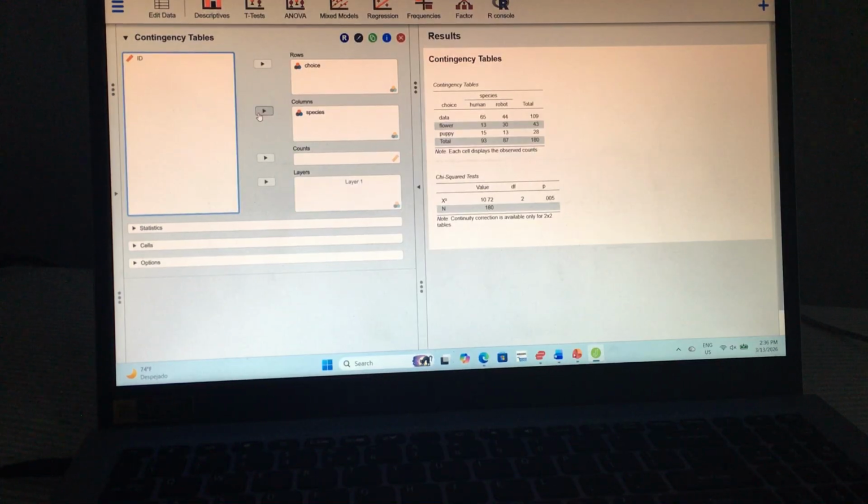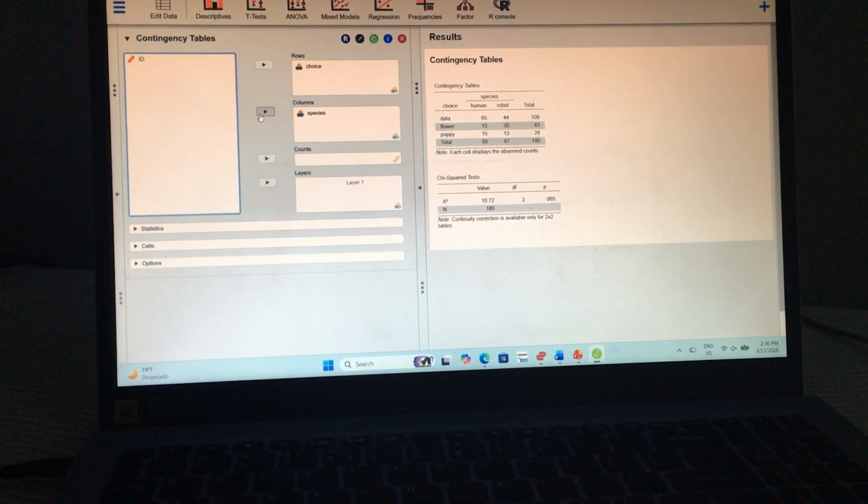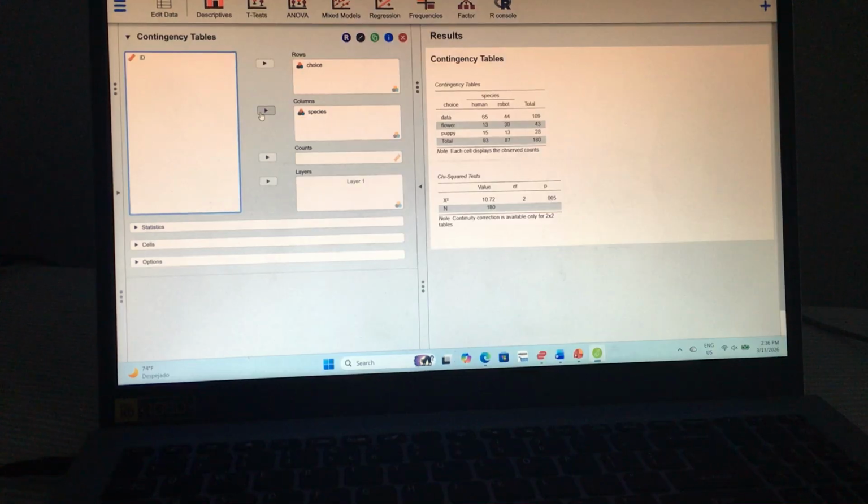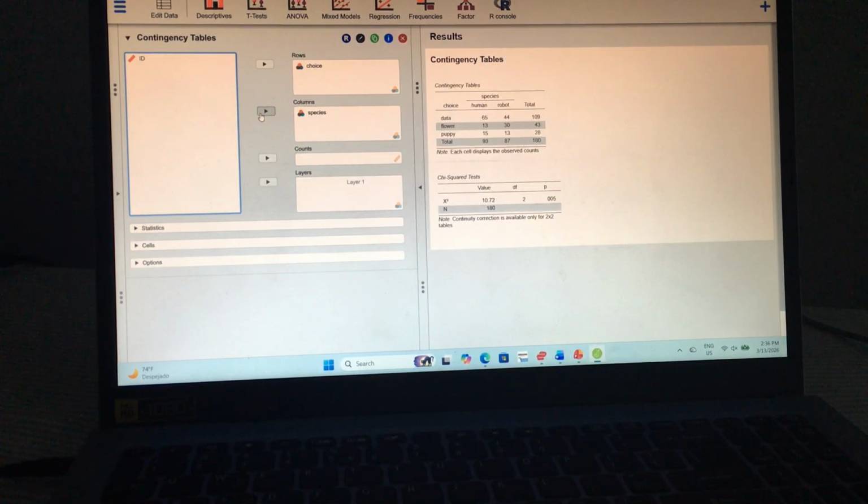So again, we just went through this. We have 65 humans who chose data, 13 humans who chose flower, and 15 who chose puppy. And there were 93 humans and 87 robots in our sample.